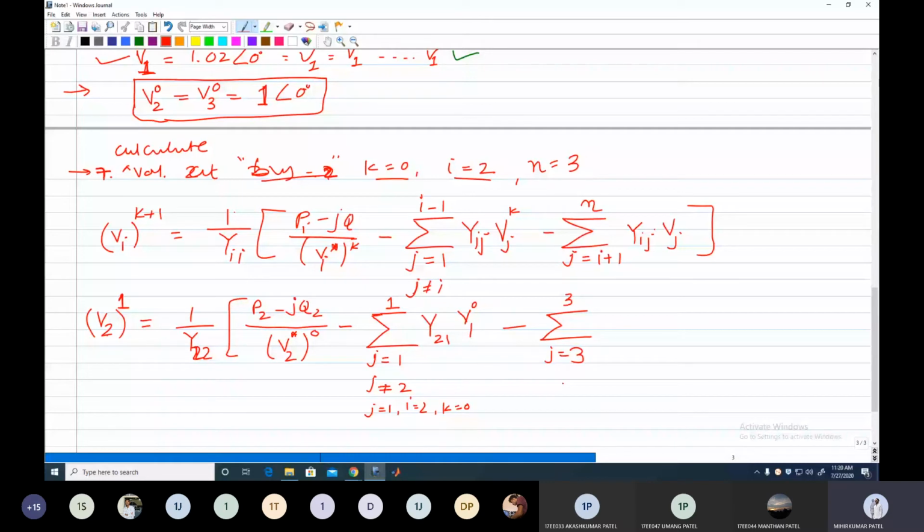Here we have the condition j not equal to 2, meaning j not equal to I, and the value for this summation is j equal to 3, I equal to 2, and k is equal to 0.